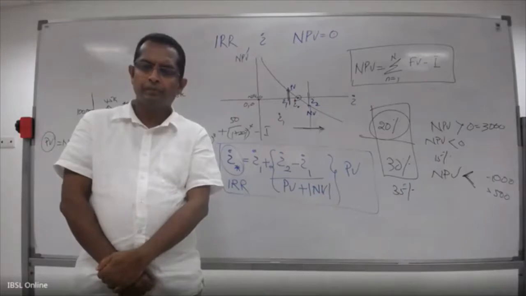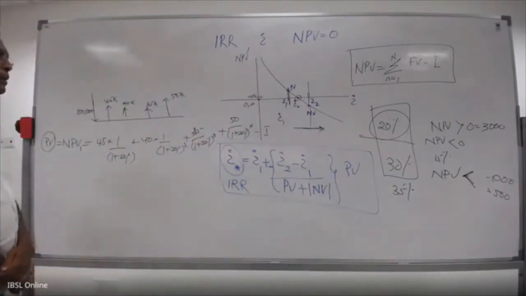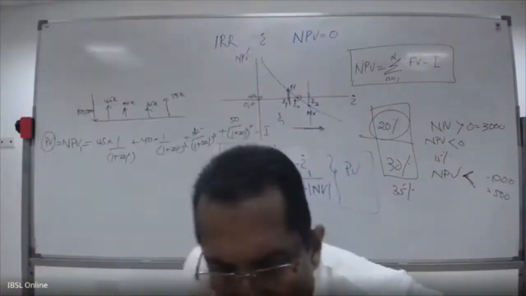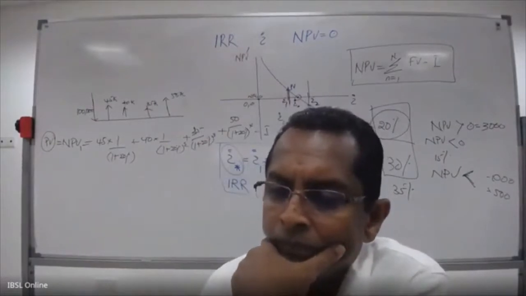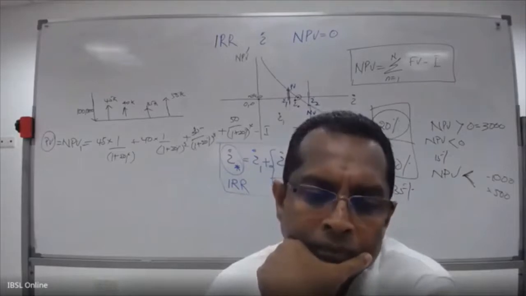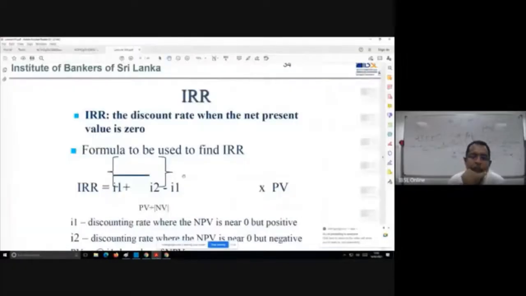Okay, right? So it comes to the end of our discussion on investment appraisals. So this has gone everywhere. You have to get it right as I wrote on the board.